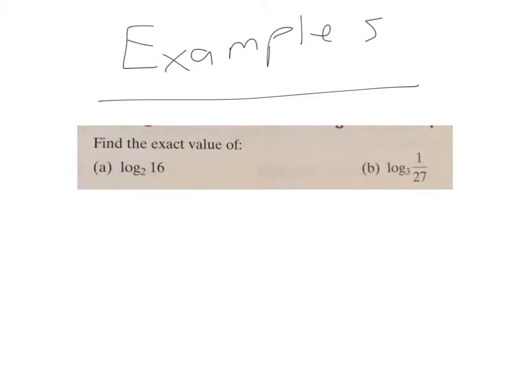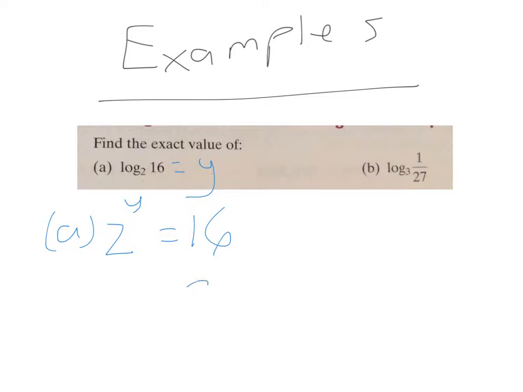Alright, here are a couple of examples. It says find the exact value of these two logarithmic expressions. So for part A, remember, you can set it equal to y or x or whatever. So that means 2 raised to a power of y is equal to 16.